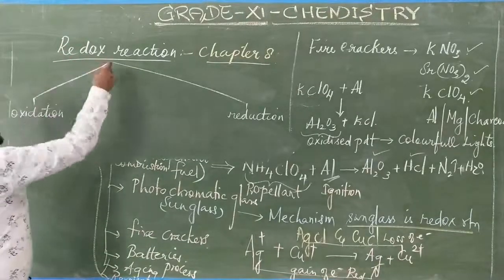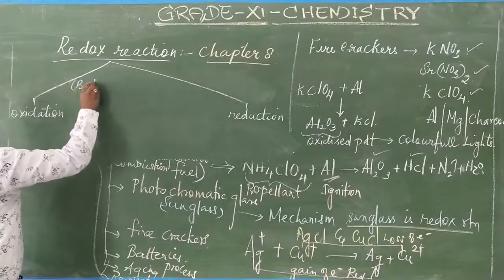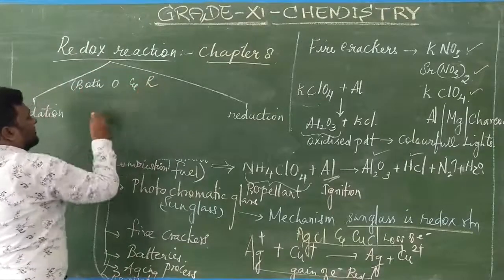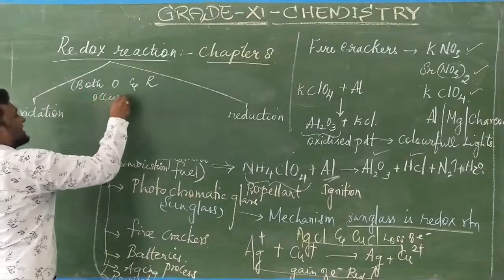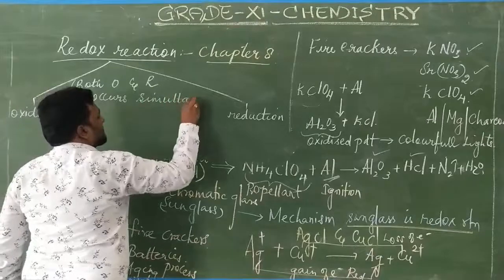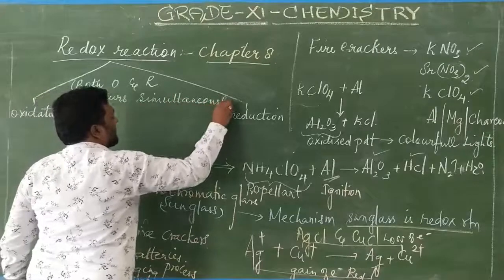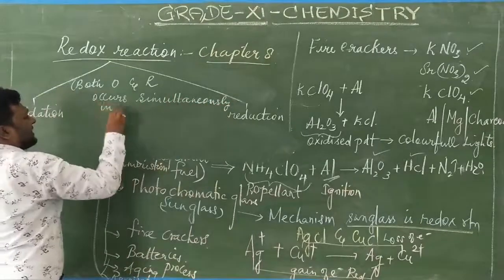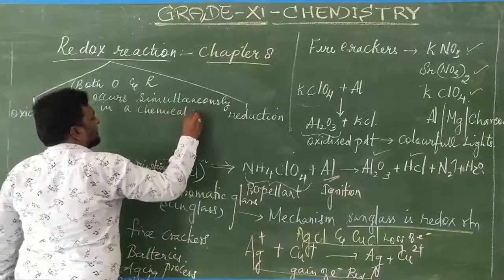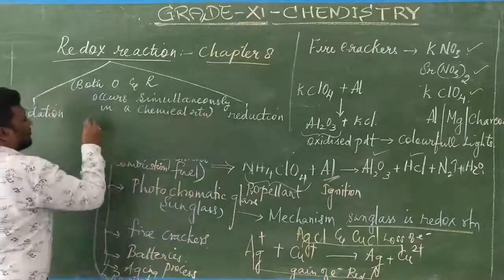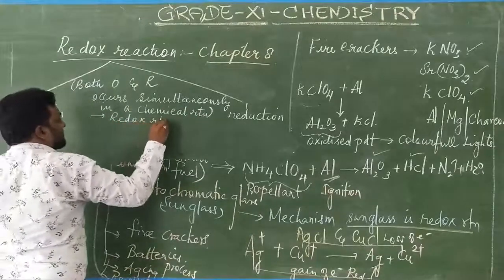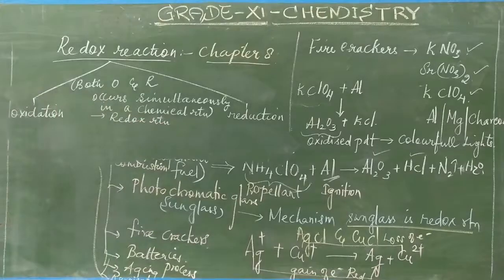What is a redox reaction? Both oxidation and reduction occur simultaneously in a chemical reaction. We call it a redox reaction.